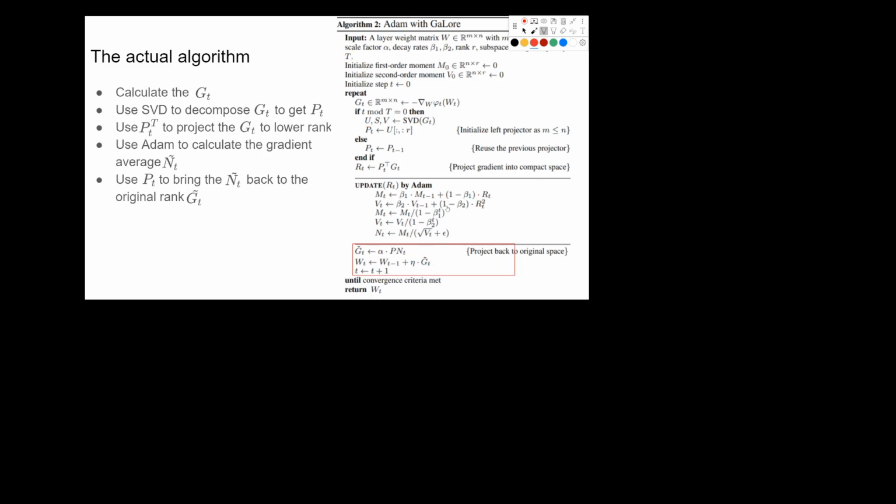We introduce the PT here, using the SVD to decide the PT, and then we run the original algorithm in the lower rank subspace. So that we need less computation time and less memory, and then we use this gradient estimated in the lower rank subspace to update the weight matrix.